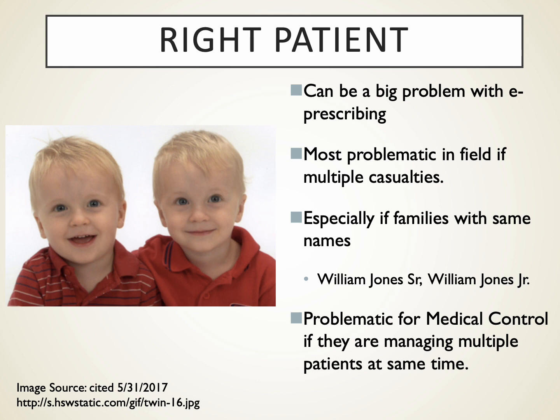That happens surprisingly frequently. It also happens to be a problem if you've got multiple casualty situations, or family members of the same name, particularly sons and fathers of the same name, also the same last name. It can also be seen with people who aren't related who have the same last name in the health system.